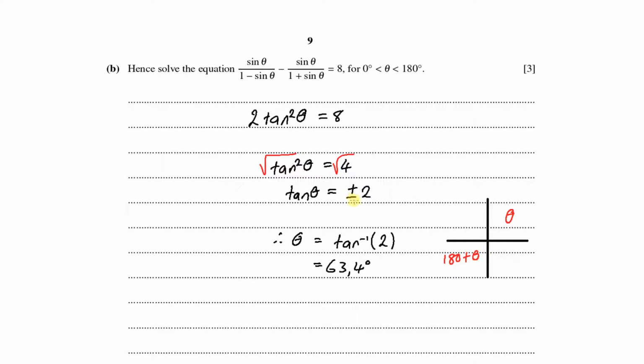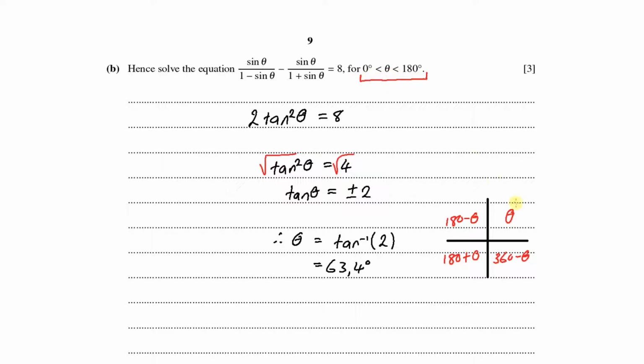It is negative in the second quadrant where it has a value of 180 minus theta, and also negative in the fourth quadrant where it has a value of 360 minus theta. So now since tan theta is both positive and negative from plus and minus, it means it has a value in all these quadrants.